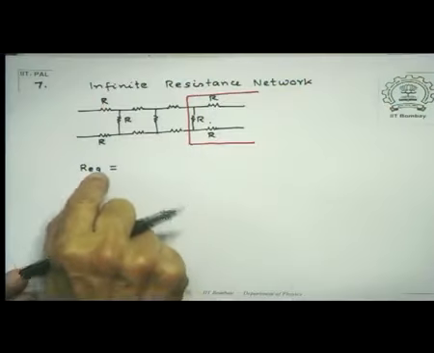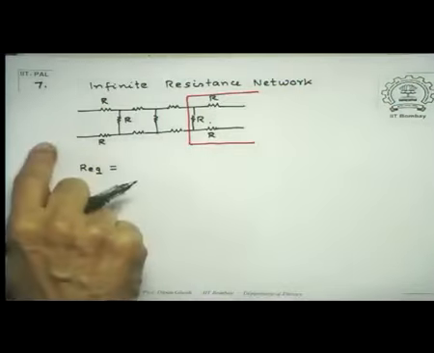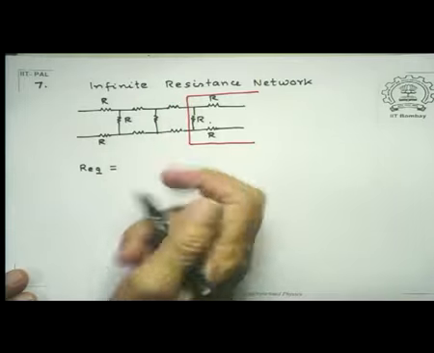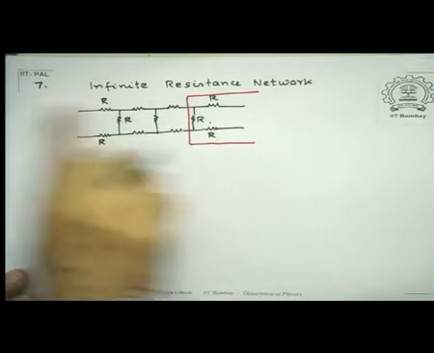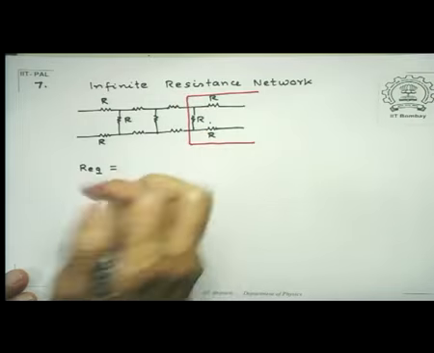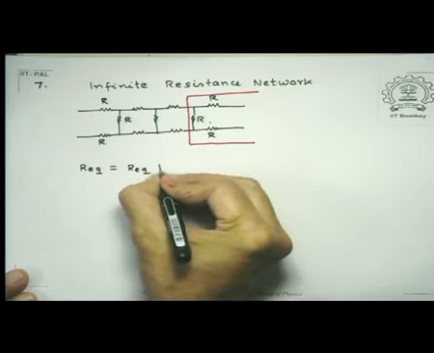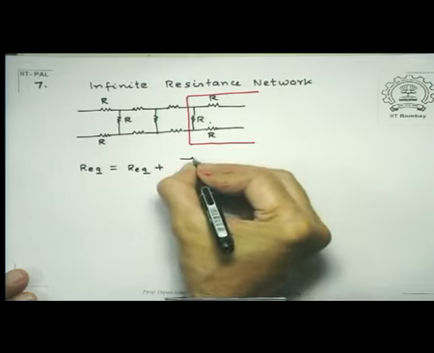So therefore, the Req, which is the equivalent resistance what I am looking for, is equal to the equivalent resistance of the infinite section to the left of this red line. So this is equal to Req plus this sector which I have marked with red.